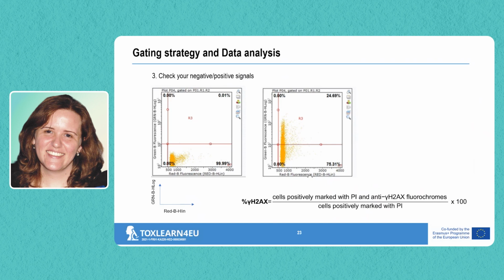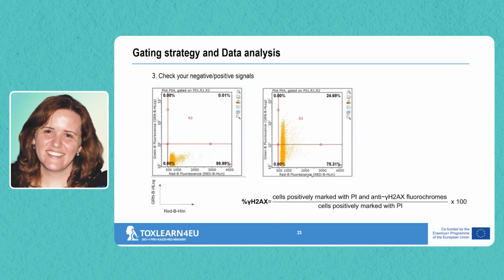And this will be how it looks, a negative sample, and this is how it looks, a positive sample, okay? So you have cells that are positioned in the same place for the PI because they are nucleated cells, but then you have increased signals for the phosphorylation of H2AX.